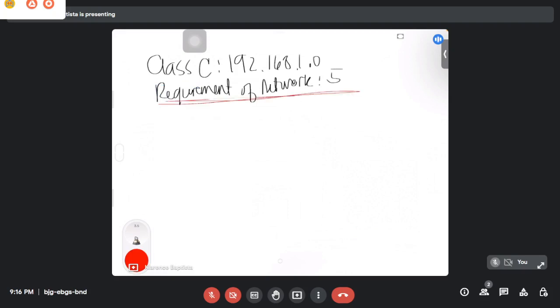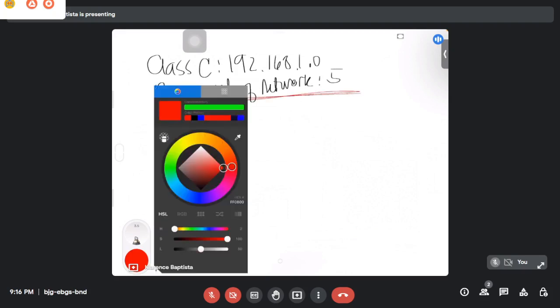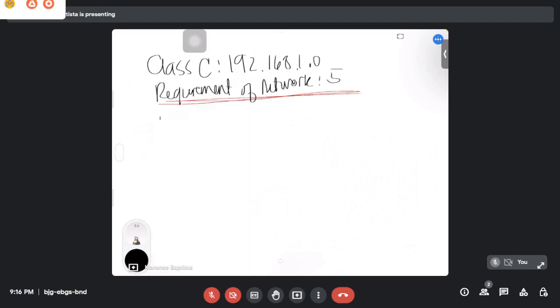Requirement of network, ibig sabihin, ang una po nating hahanapin would be the number of subnets. Subnet po muna yung hahanapin natin, no? So, paano po ba yung formula ng number of subnet? Lahat po ito ay pare-parehas lang ng formula.